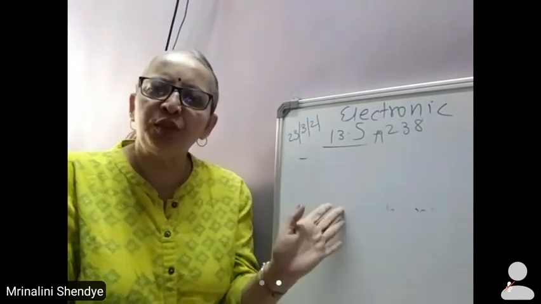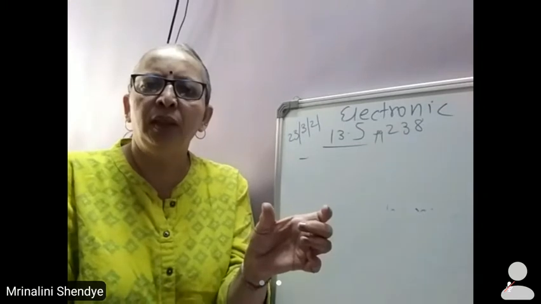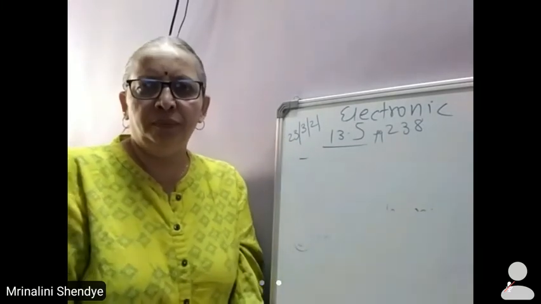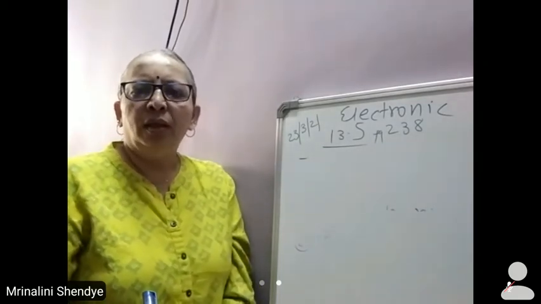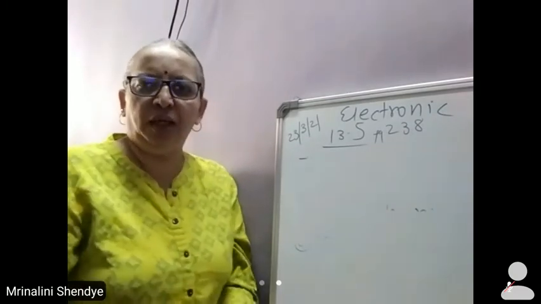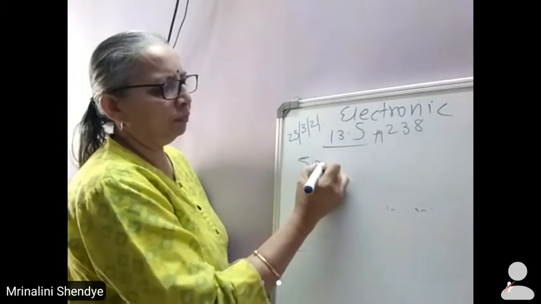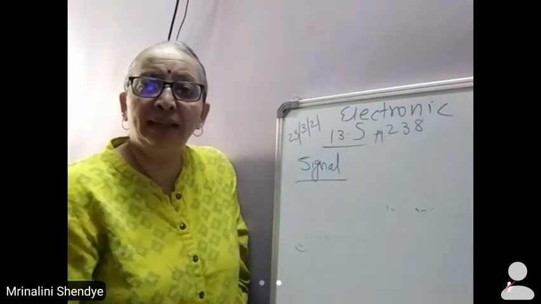So the transmitter transmits the information by modifying it into suitable form. The information modified into suitable form for transmission is called signal. Many times it is also labeled as message signal.